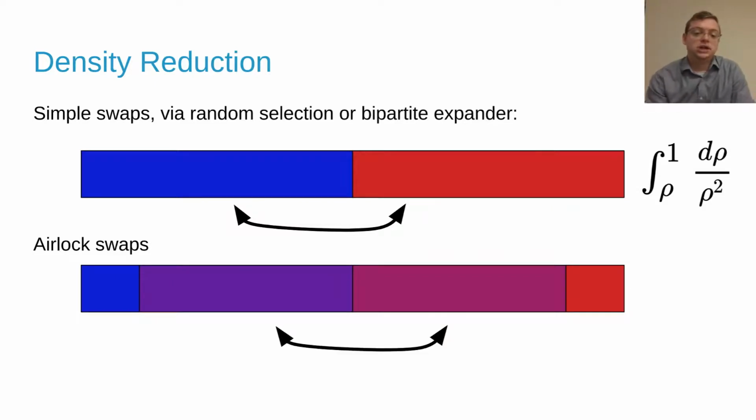So by swapping between the bluish purple and the reddish purple, you can quickly control the density in that central area, and then you perform swaps on the left side and on the right side.